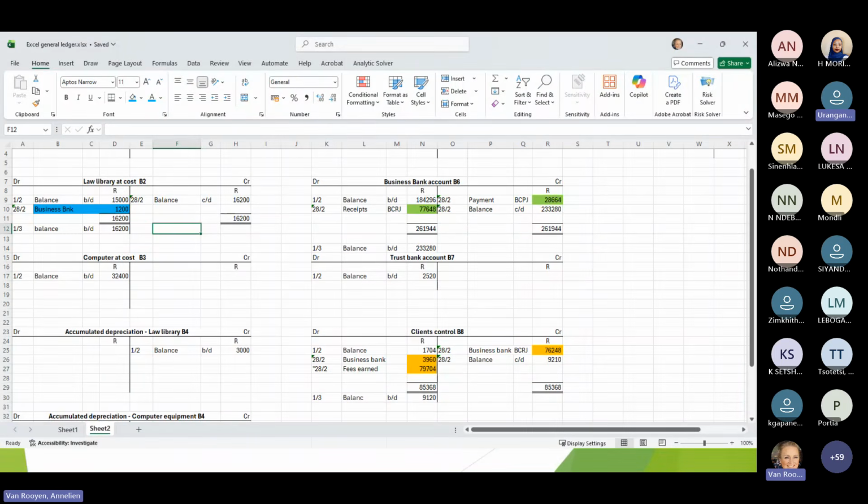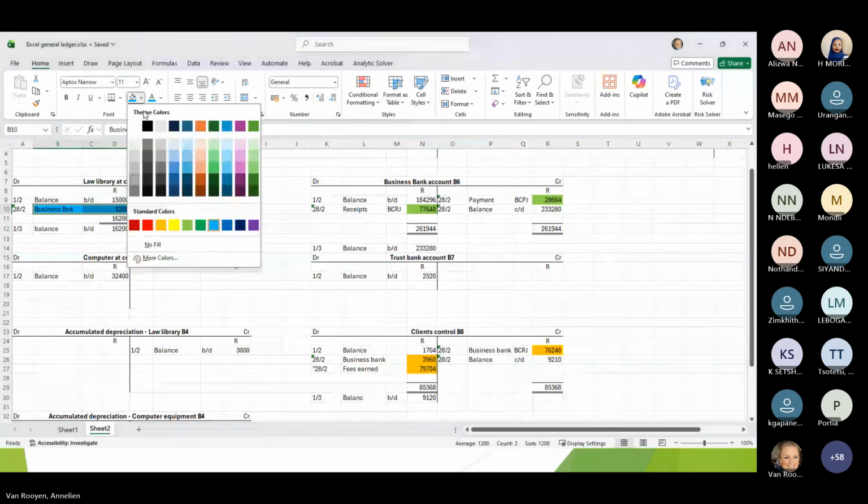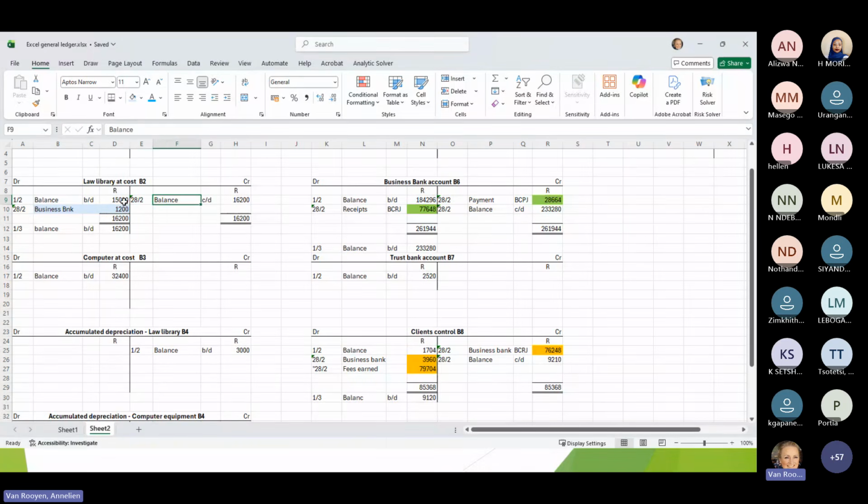Let me just quickly have a look. 16,000. We bought it on the 1st. Yes, that's right. So we had this 15 and we had the total of 16,200 for a full month. Do you agree with that? Yes.